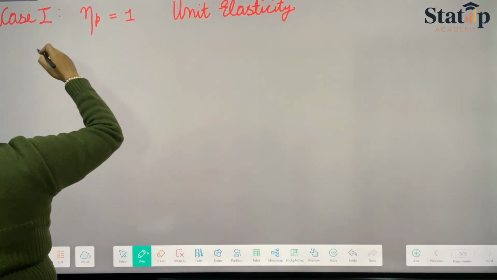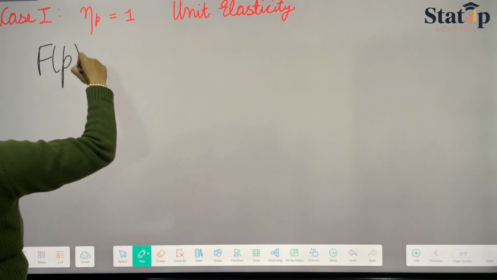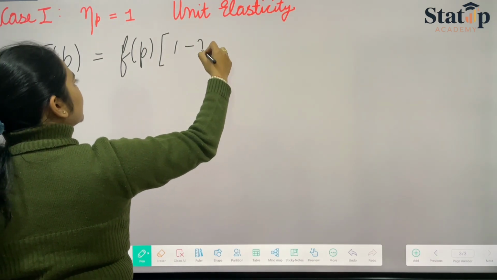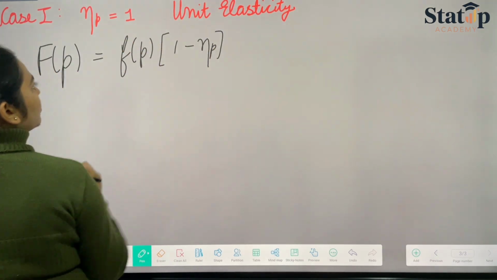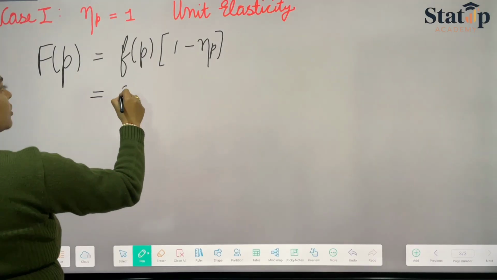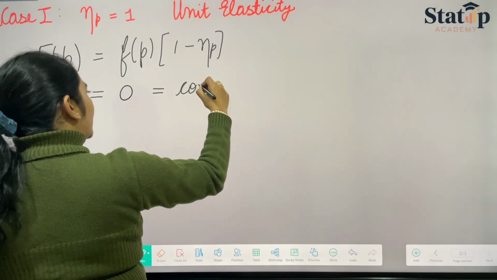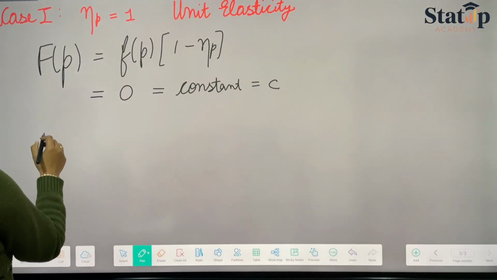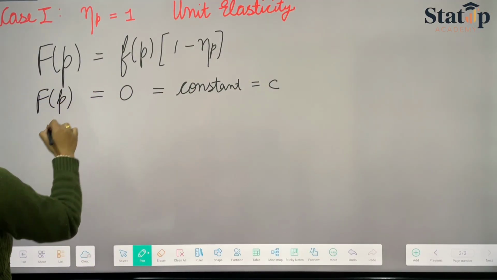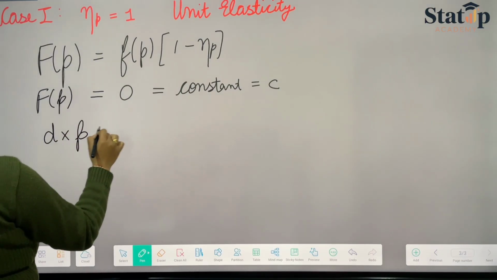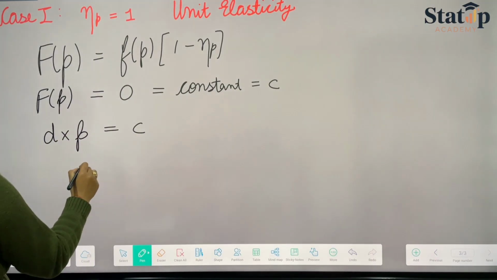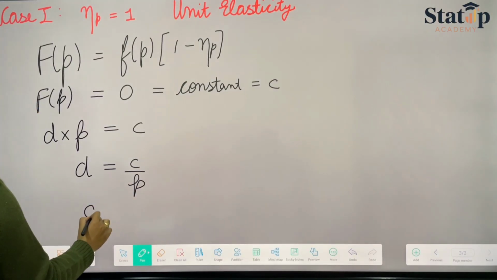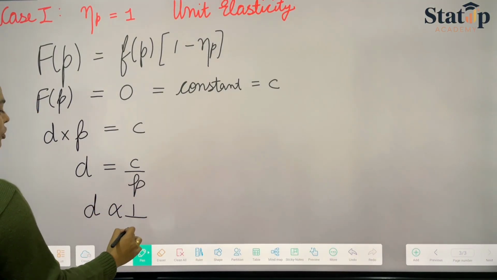If there is unit elasticity, then our F'(P) has been given as small f(P) into 1 minus eta P. Eta P is equal to 1, so this will be equal to 0, which is a constant, and that constant can be taken as C. Now F(P), we know, can also be written as demand into price, which equals C. So we can write demand is equal to C upon price. Or we can also write that demand is inversely proportional to price.